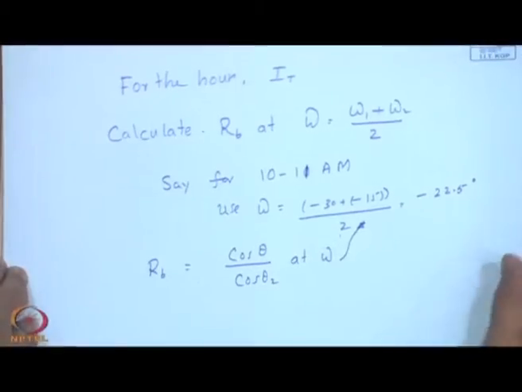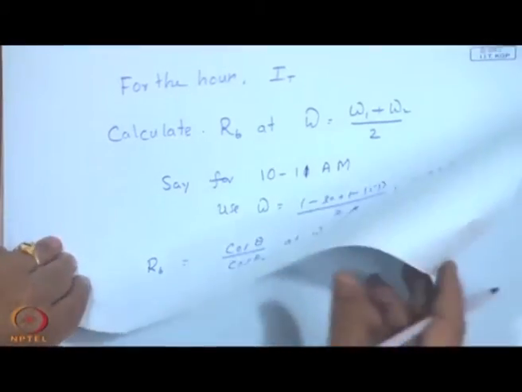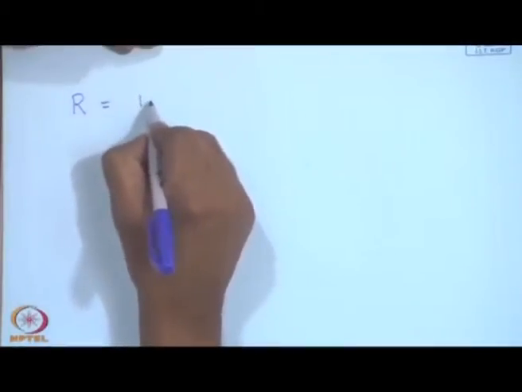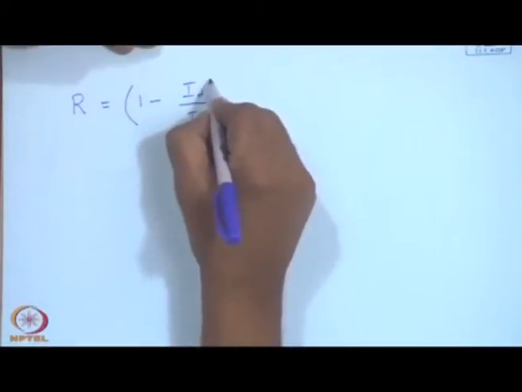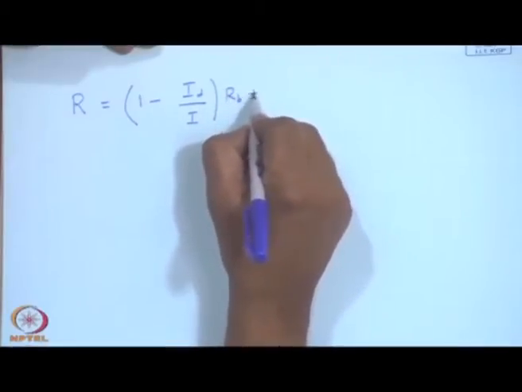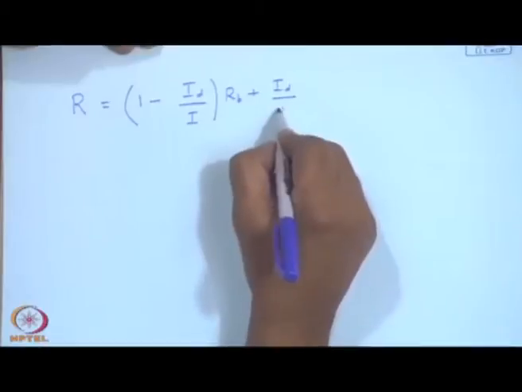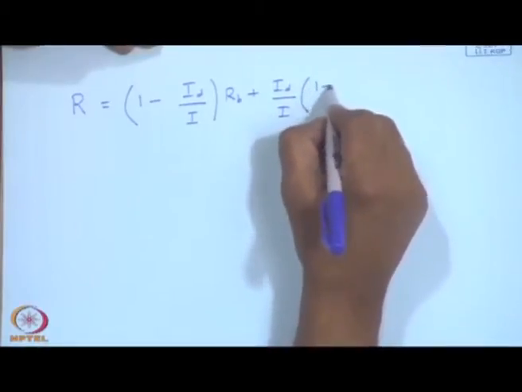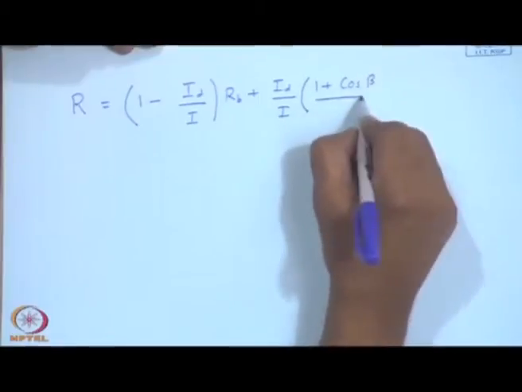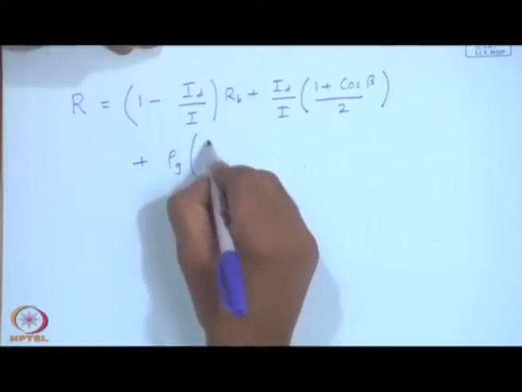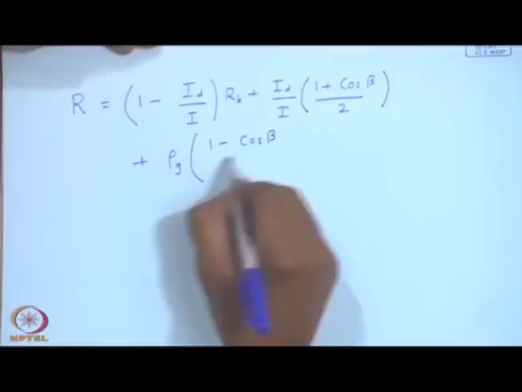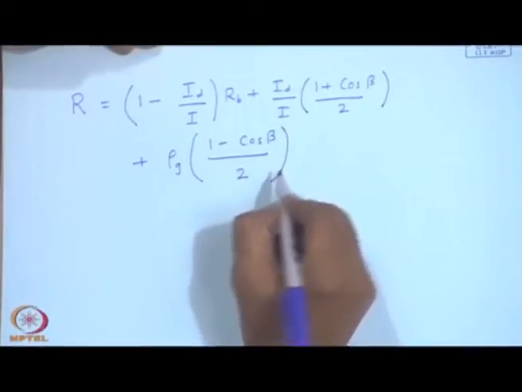All right. So, if I straight away extend the result that we have written for the instantaneous values, my factor R will be 1 minus I d by I times R b plus I d by I times 1 plus cos beta by 2 plus rho g times 1 minus cos beta by 2.